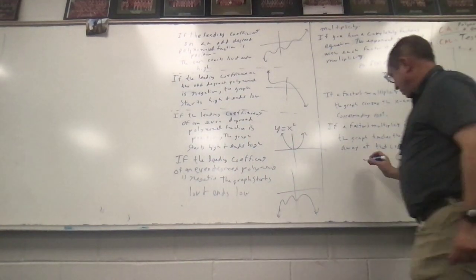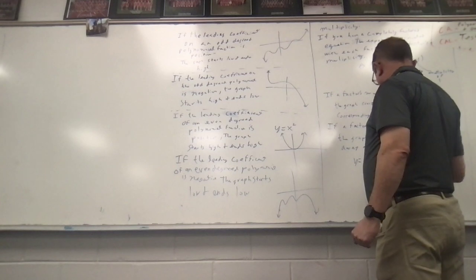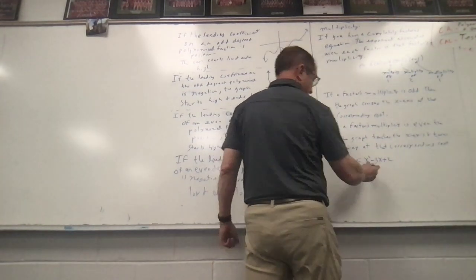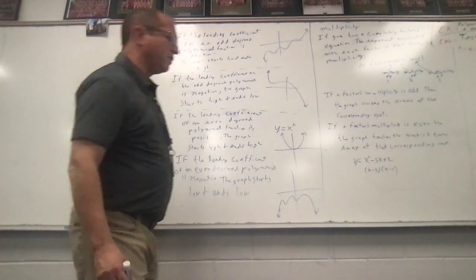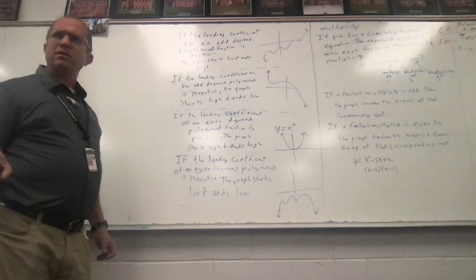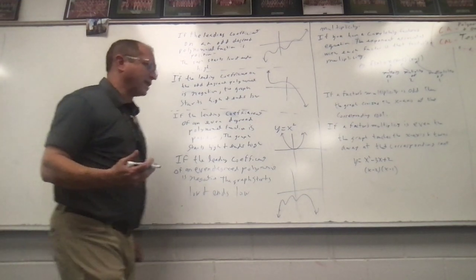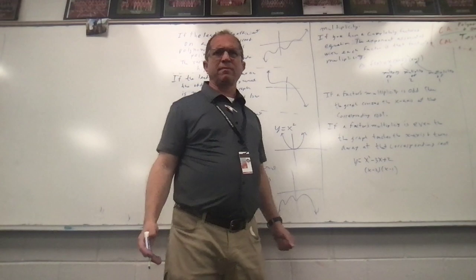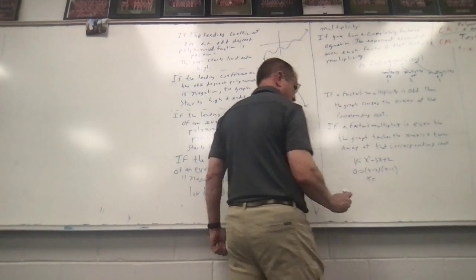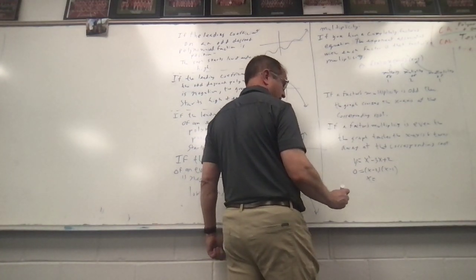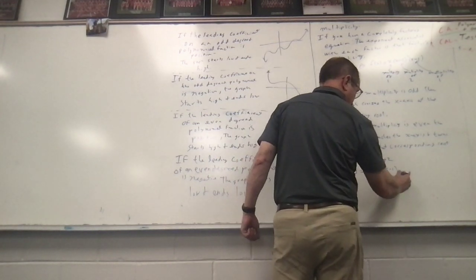In other words, if I have y equals x squared minus 3x plus 2, how does that factor? It's x minus 2 times x minus 1. So how do we use the factors to find a root, or the x-intercept? Set it equal to 0. Good. So we get that x equals 2 here, and x equals 1 here.